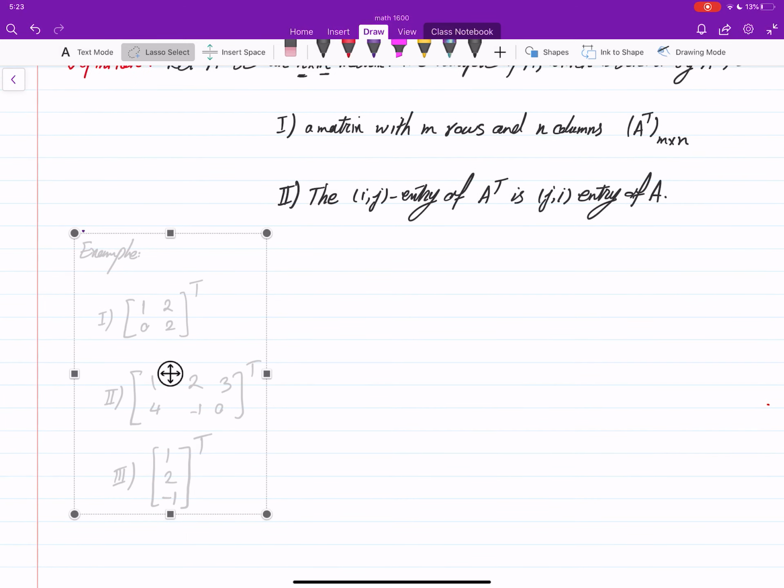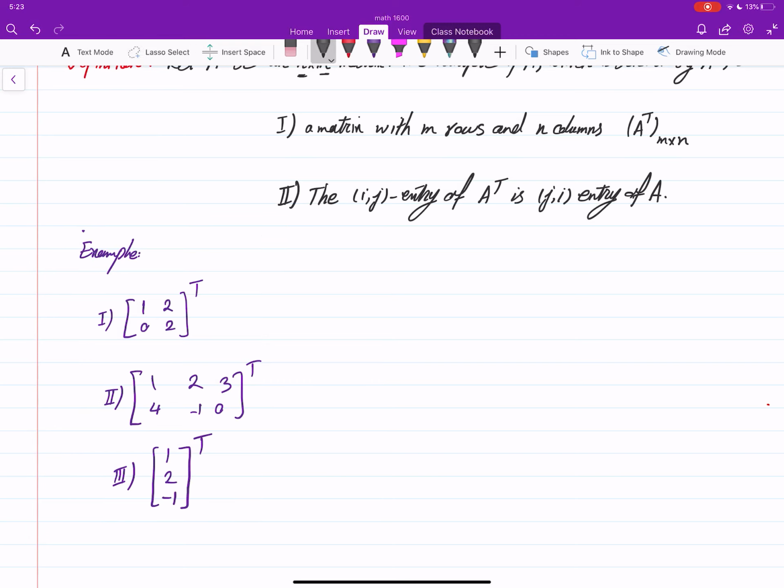Here we have the transpose of a square matrix. It's 2 by 2, so the transpose will again be 2 by 2. The 1 1 entry goes to the 1 1 entry. The 1 2 entry goes to the 2 1 entry.